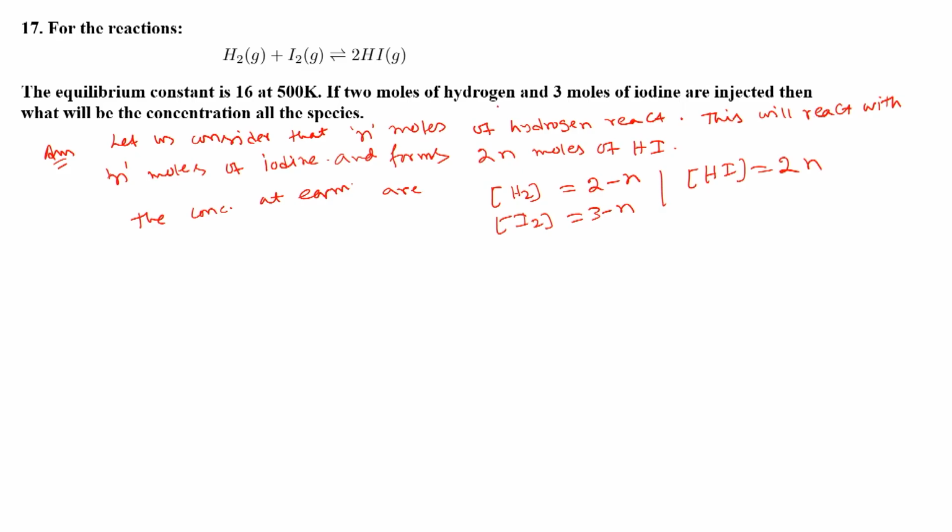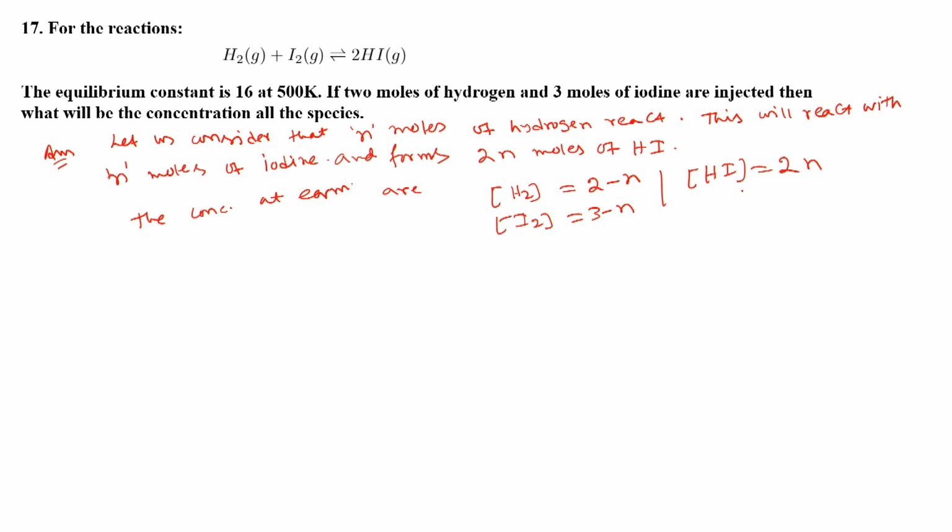Because we started with 2 moles of hydrogen, so n moles react. So, now at equilibrium concentration of H2 is 2 minus n, and initially we started with 3 moles of iodine. So, n moles of iodine react. So, we get concentration of iodine is 3 minus n, and when n and n moles of hydrogen and iodine react, we get 2n moles of HI. That is what we got here.